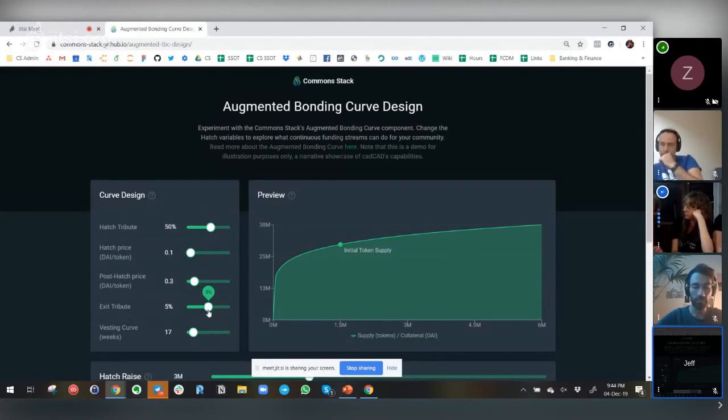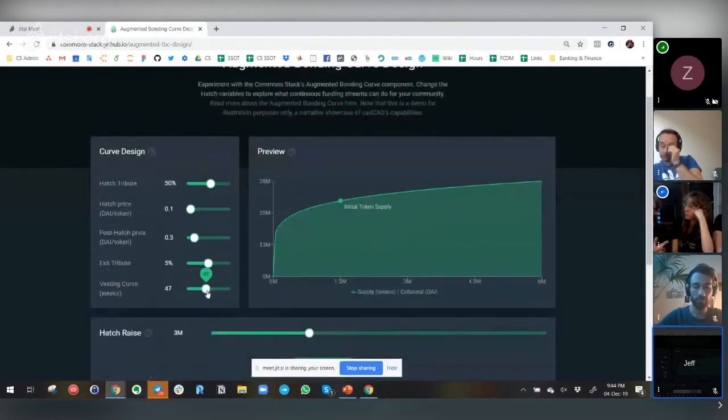And the vesting curve is a protection on the initial hatchers. If you set the hatch price at 10 cents, this is when you purchase into that community, you purchase the token at 10 cents. And when your curve goes live to the public, it's worth 30 cents.